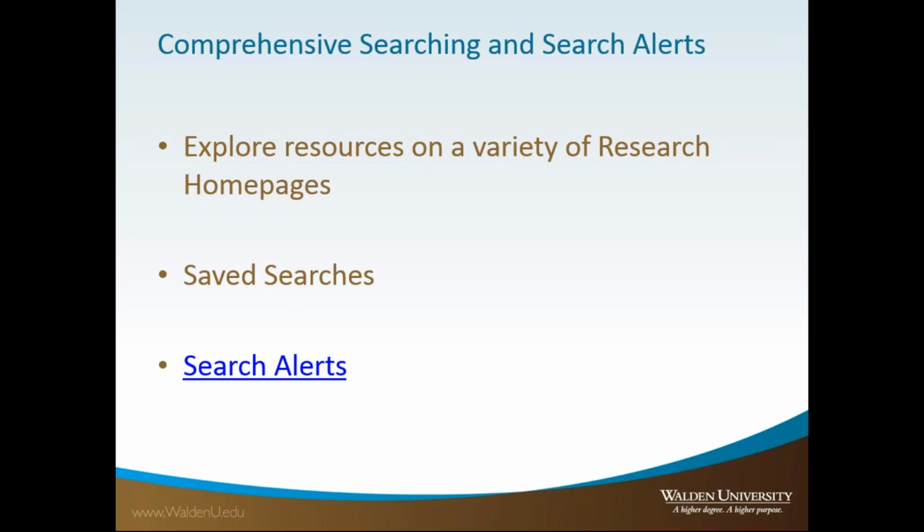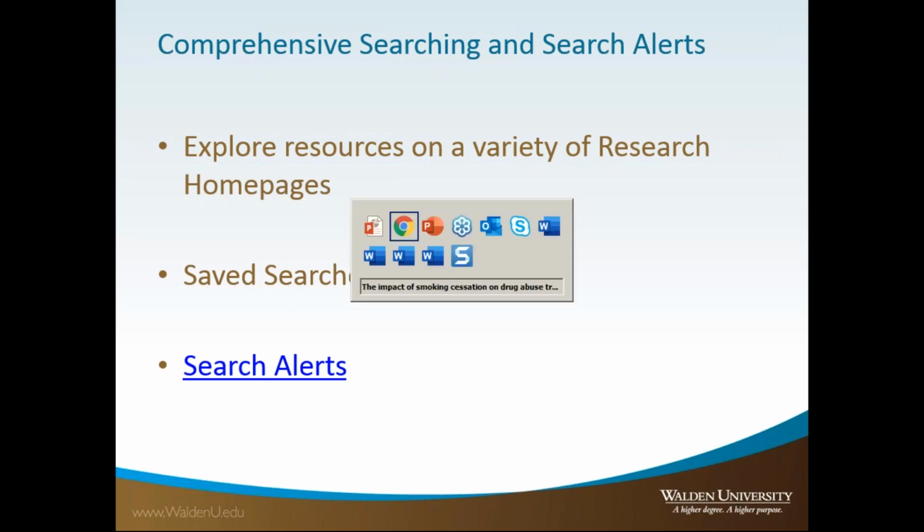So topics in criminal justice might include crime among children, in which case you might want to look at the education databases. Crime and mental illness, you would want to look at the psychology databases. Business crime, you could look at the business and management databases, et cetera, et cetera. So when you're looking at the research homepages, take a moment to think about your topic and think about what other homepages might be beneficial to you.